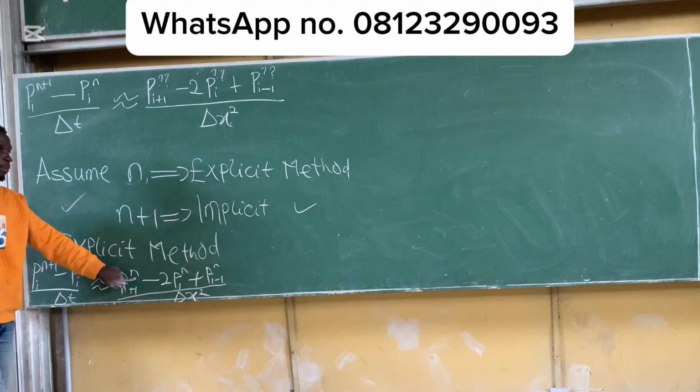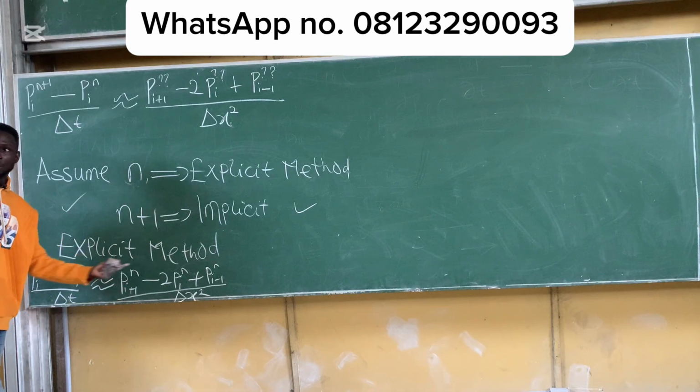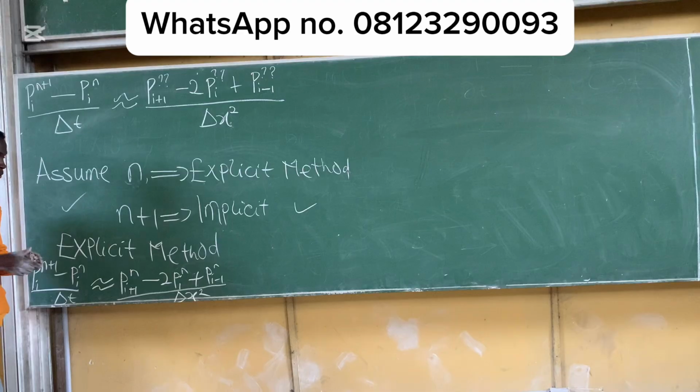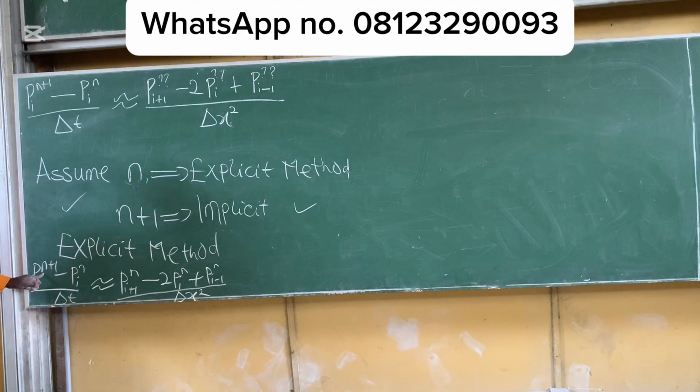Now we use n because we assume that the time level is n, which is the explicit method.